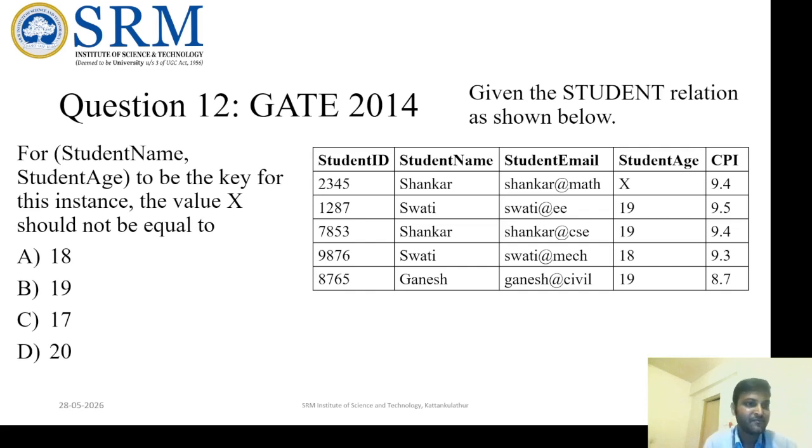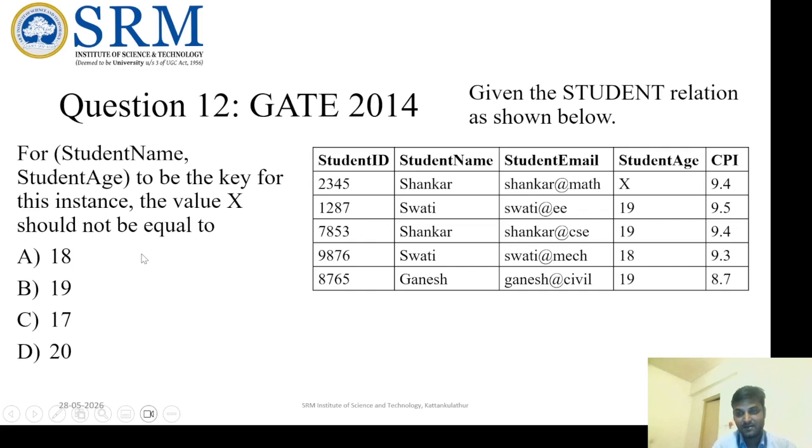Next question. Here is a student relation: student ID, student name, student email, student age, and their CPI or marks. Now the question is, one statement is there, student name and student age to be the key for the instance. Okay, here student name and student age is a key.